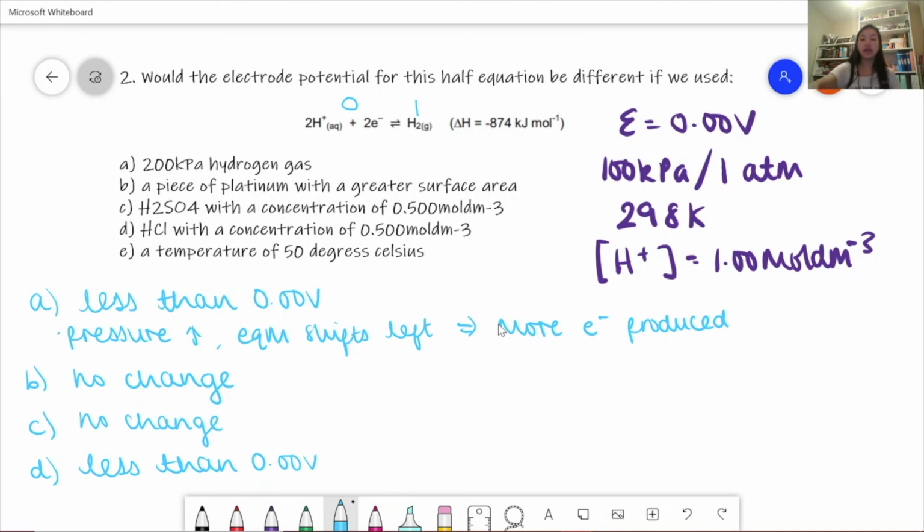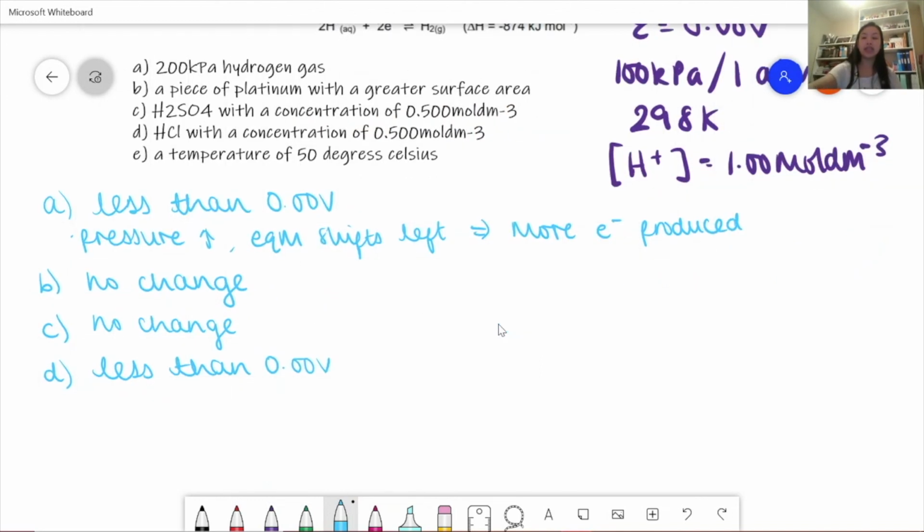The reason is because if we decrease the concentration, then the equilibrium shifts to the left, and so we have more electrons produced.